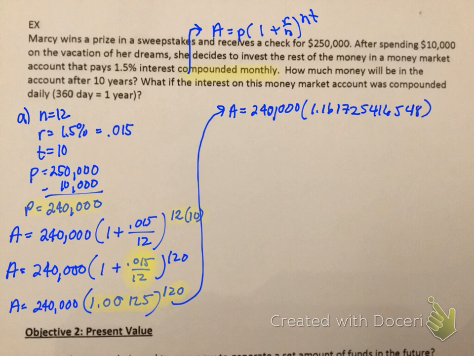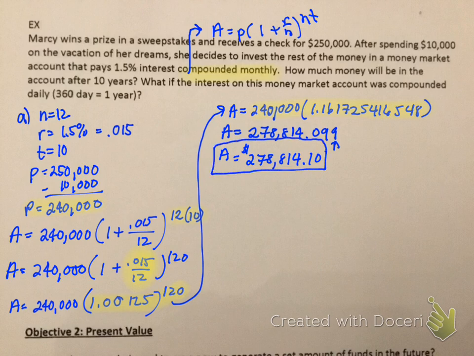So take that number in your calculator, multiply it by 240,000, and the amount that she's going to get at the end of the 10 years is $278,814.099. So we have to round up because this is a 9. That's much bigger than 5. So the amount that she's going to get is $278,814.10.